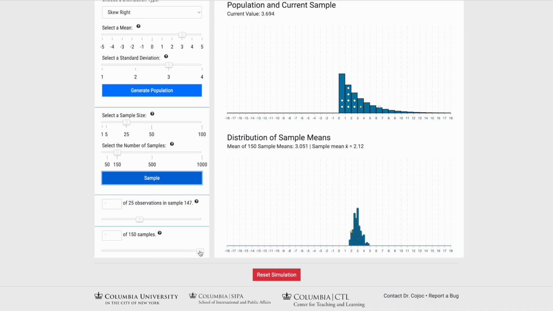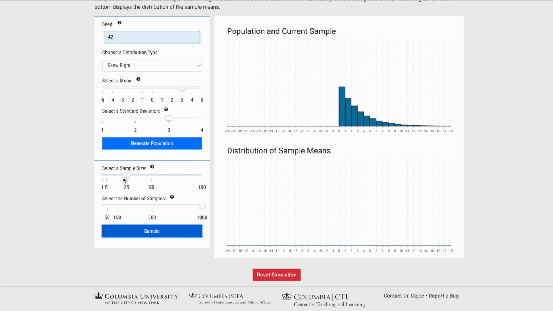Now suppose I take a large number of samples, not 150 but 1000, and select a sample size of 100.